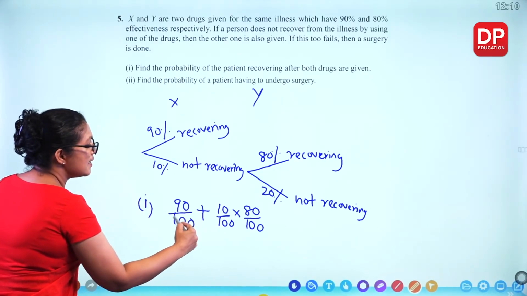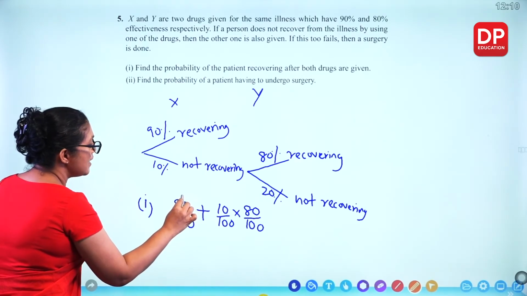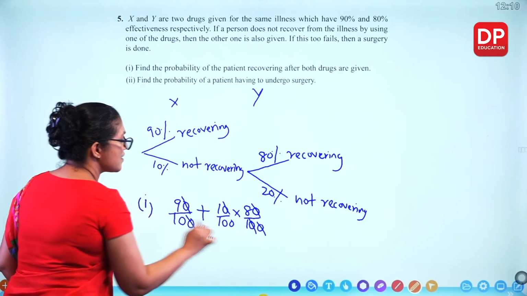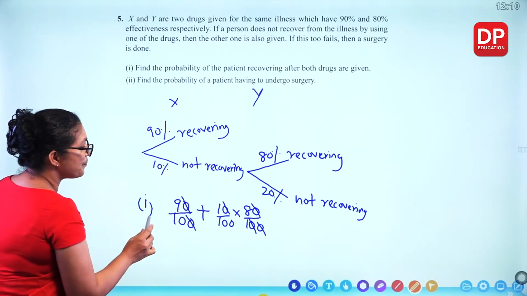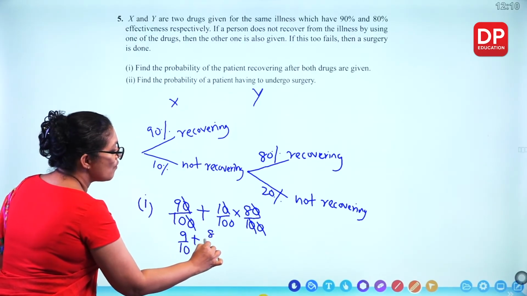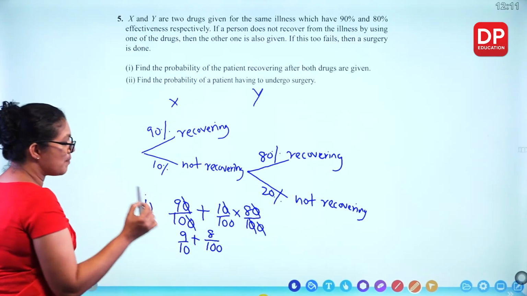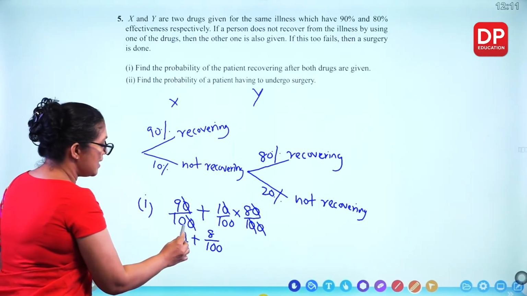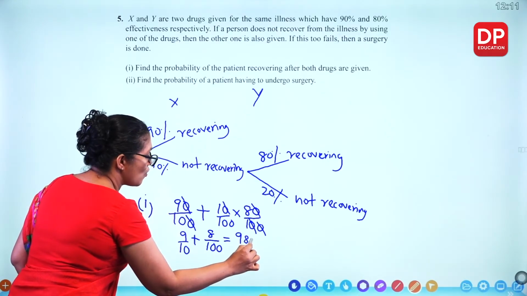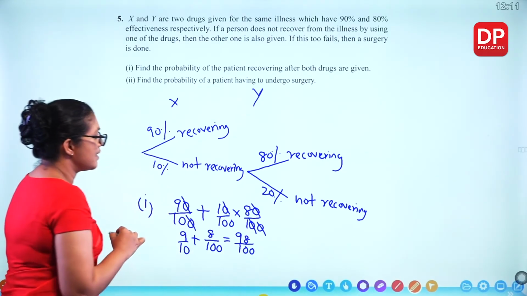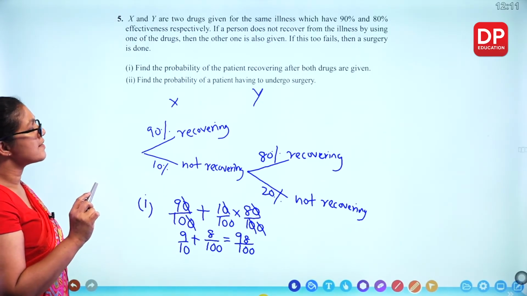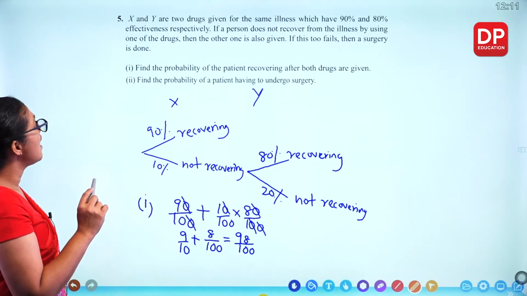So this is, I can simplify the zeros. So I get 9 over 10 and 8 over 100. That means we have to multiply by 10. 10 times 9, 90. 90 plus 8, 98 over 100. So the probability of patients recovering after both drugs are given is 98 over 100.